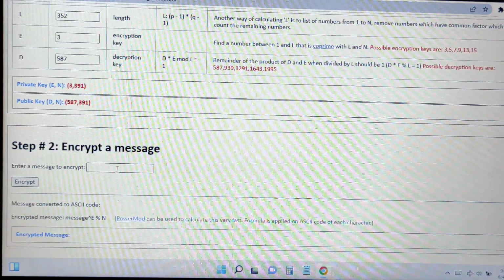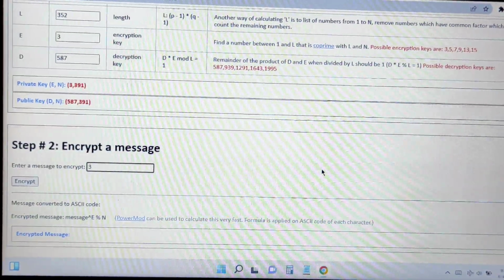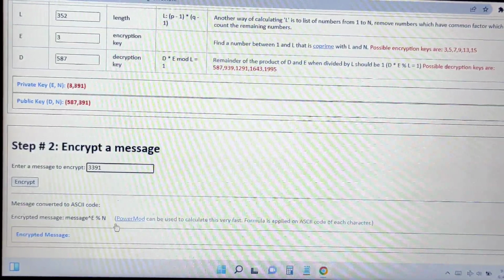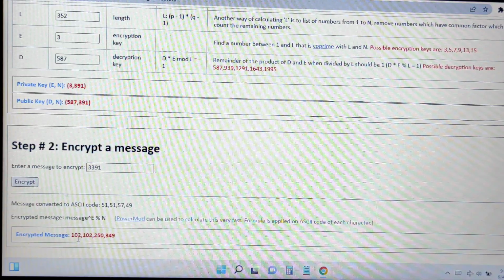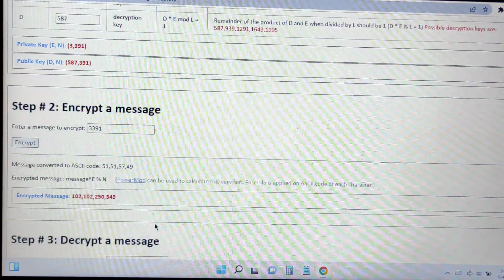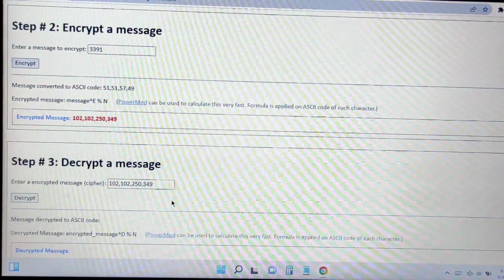Enter a message to encrypt. So we will encrypt first the private key, which is 3,391. We will click encrypt. The encrypted message is 102, 102, 250, and 349. In step 3, decrypt a message.